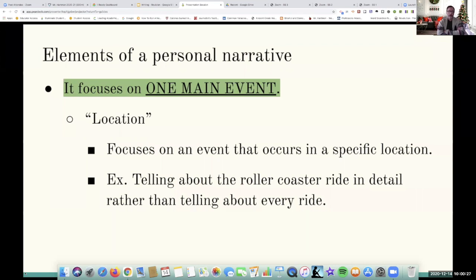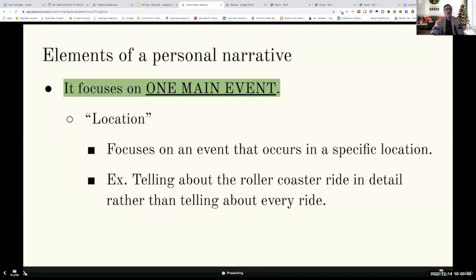An umbrella, which means you have one central idea that can span multiple locations, and a location, which focuses on one event in a specific location. Those are the two.